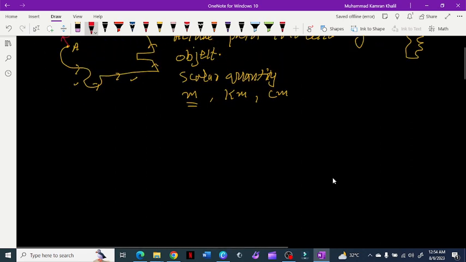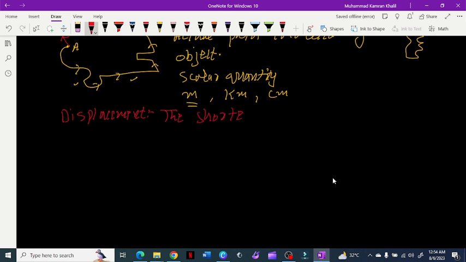The definition of displacement is the shortest distance between 2 points, and those points are the initial and the final position.